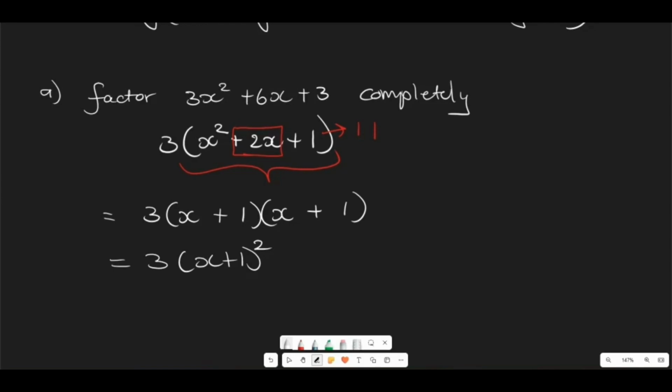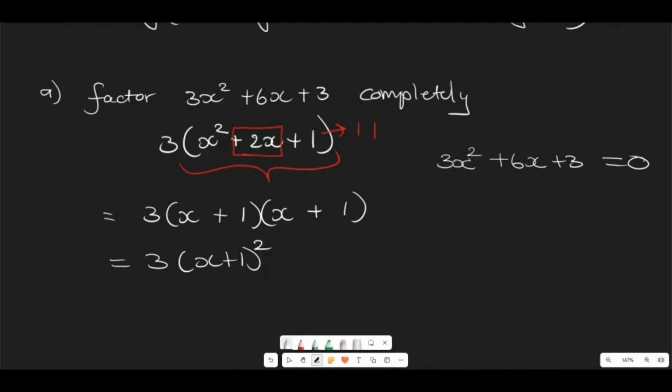If it was 3x squared plus 6x plus 3 equals 0, then you could use the quadratic formula because you want to find your x value, right? In this case, they don't want you to find your x value, so you don't have to use the quadratic formula.